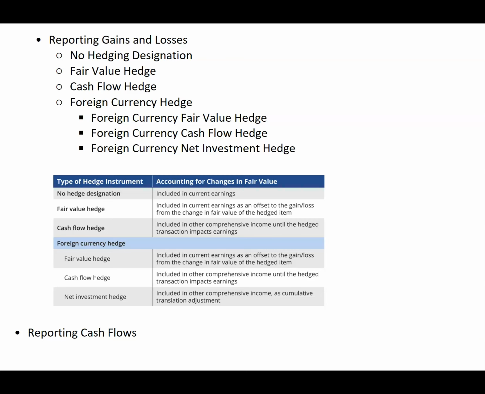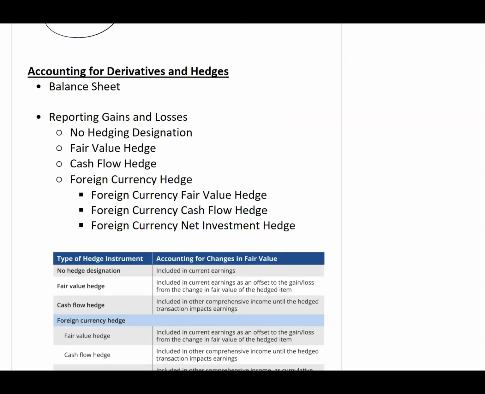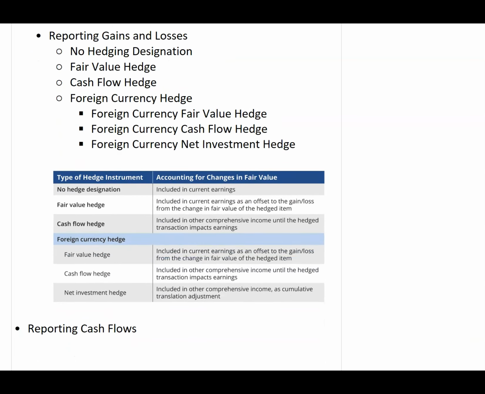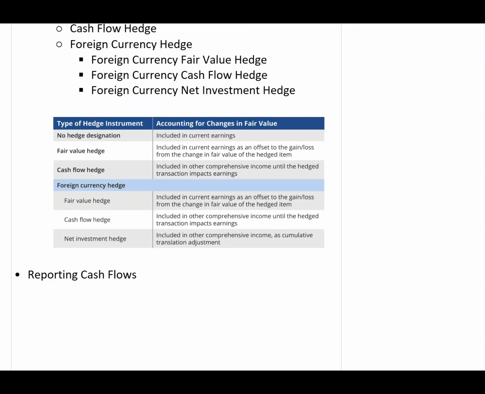For this, we do not physically trade or exchange shares. That means we don't buy shares and then sell shares. Rather, we come up with some settlement and we make some cash and we report it based on that. This is how your financial derivative can impact your financial statements in different parts: the balance sheet, income statement, stockholders equity part, and your cash flow.